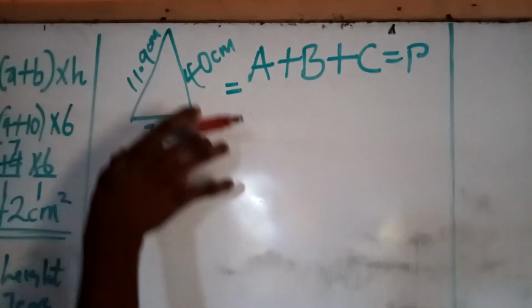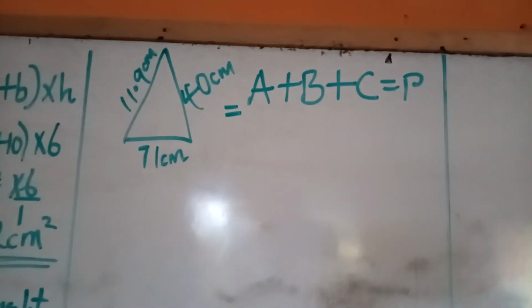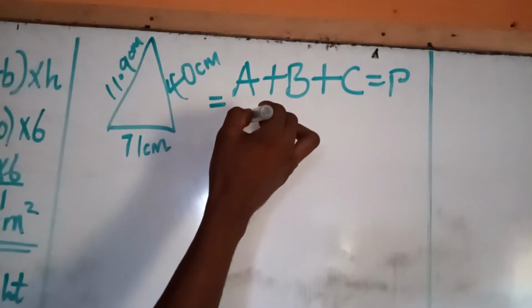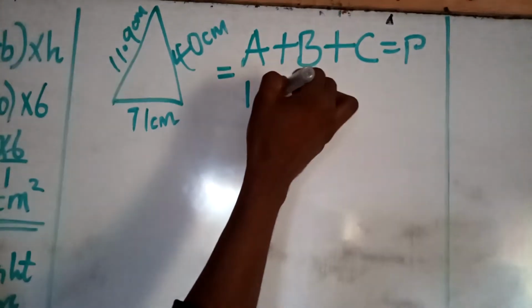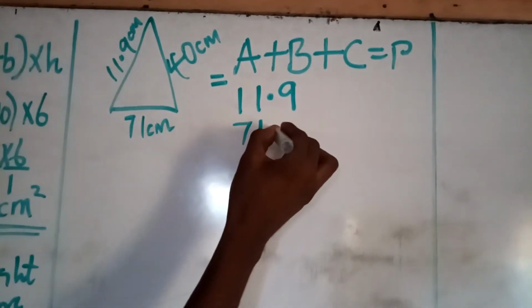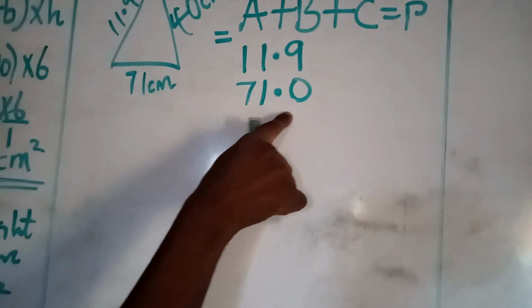Now we want to add a number that has a decimal point with a number that does not have a decimal point. Now what do we do when we have something like this? We simply add a 0.0 to the back of the number that does not have a decimal point.